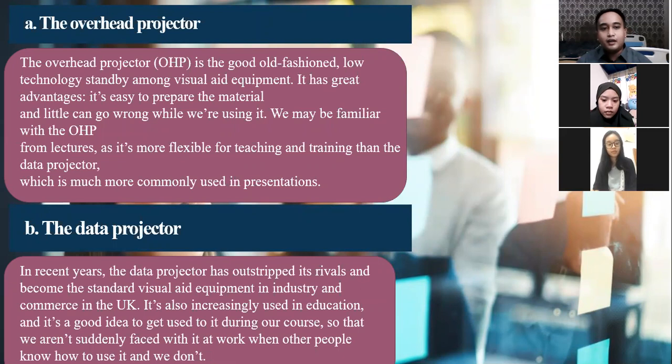It has a great advantage. It's easy to prepare the material and little can go wrong while we're using it. We may be familiar with the OHP from lectures as it's more flexible for teaching and training than the data projector, which is much more commonly used in presentations.